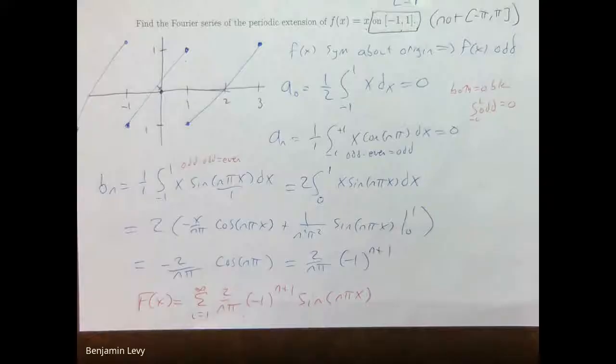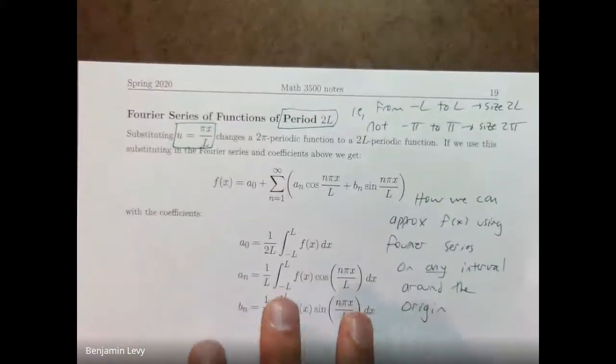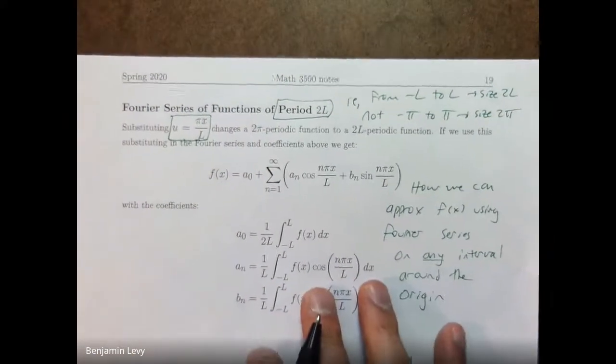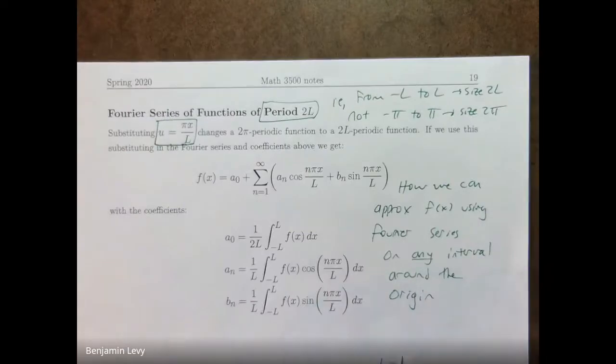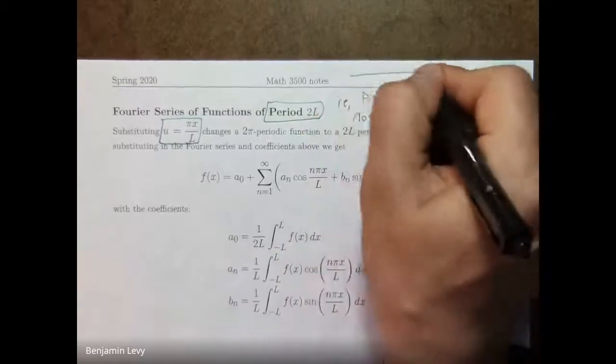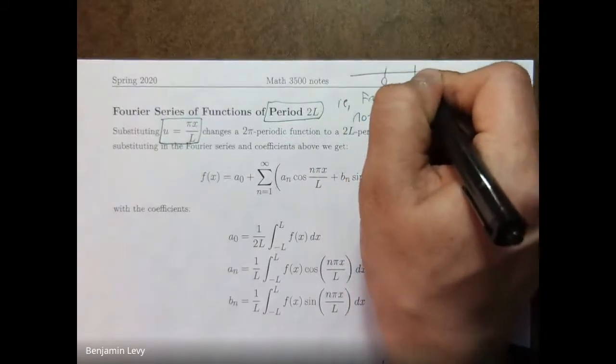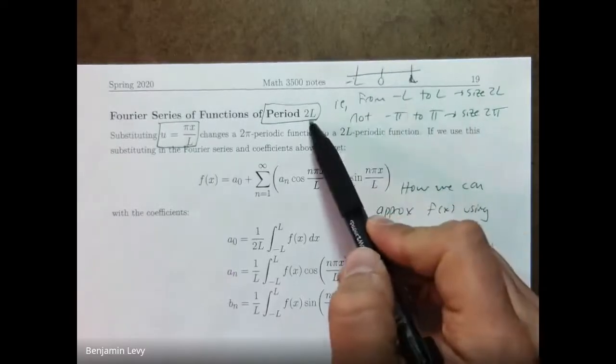I had a quick question. So why exactly is L 1? Is it because we're looking from 0 to 1? Yeah, I got a little confused about that too. So you're doing something symmetric around the origin, so if this is the number line and you're at 0, you're going from L to minus L. And so the length of that is 2L.